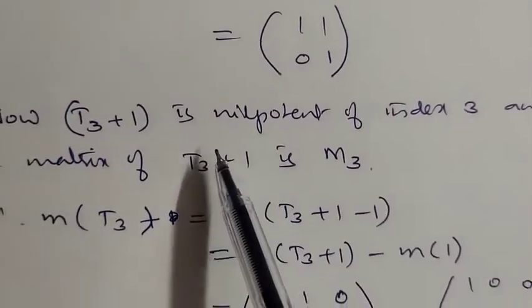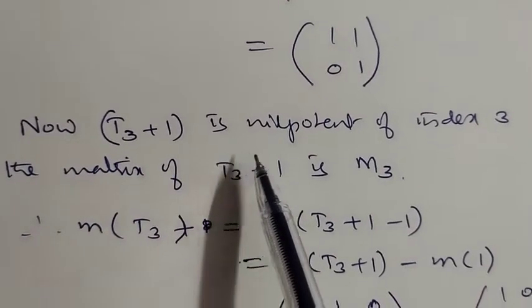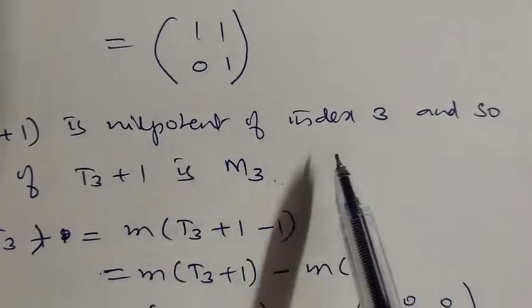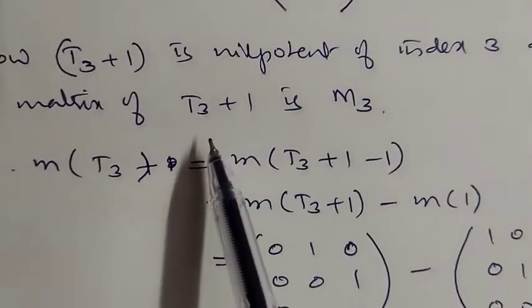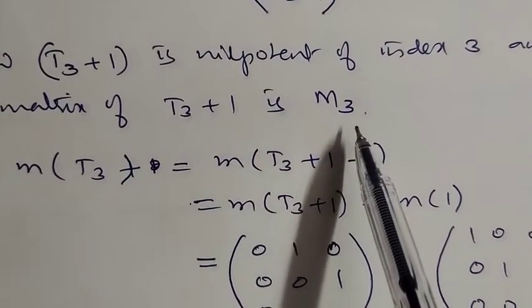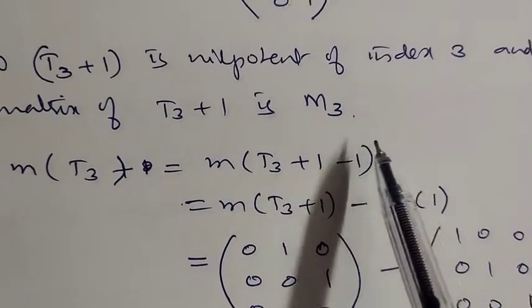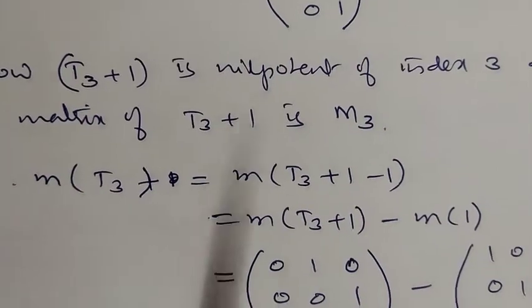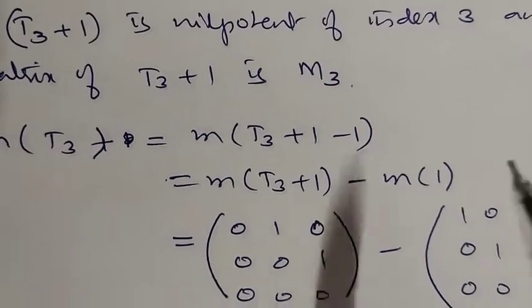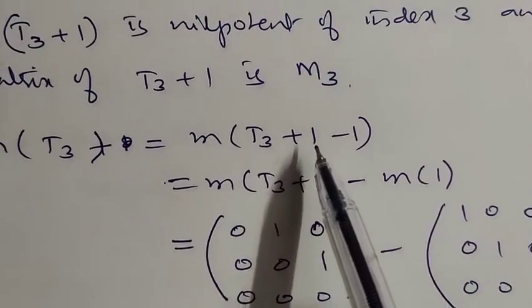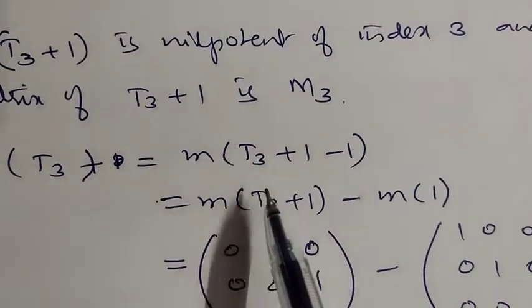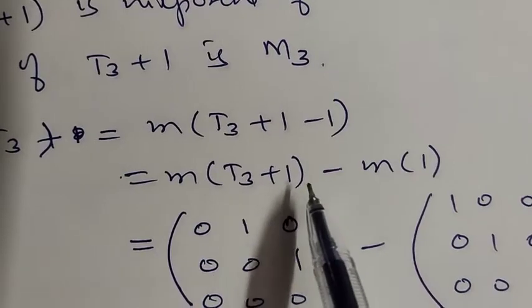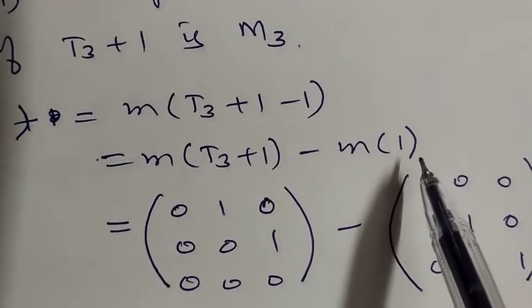Now let's come to the next matrix. T3 plus 1 is the third choice. T3 plus 1 is nilpotent of index 3, and so the matrix of T3 plus 1 is M3, which is 0, 1, 0, 0, 0, 1, 0, 0, 0. But I need the matrix of T3. Here you need to be a little cautious. I need the matrix of T3 plus 1 minus 1, so this is the matrix of T3 plus 1 minus the matrix of 1.